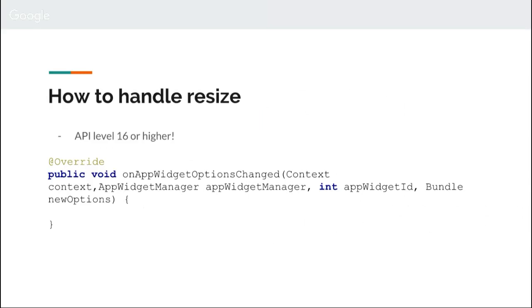It's a method, a function of the widget that handles when the size of the widget has changed. There's a lot of documentation, right, on the developer side, and so for now, just know that this is where you want to handle your resizing.